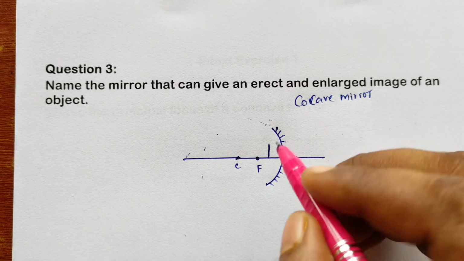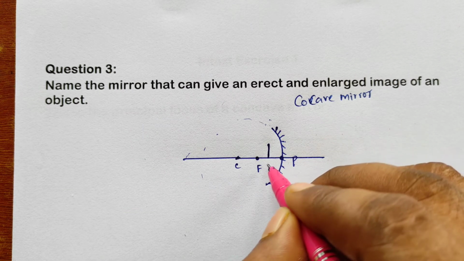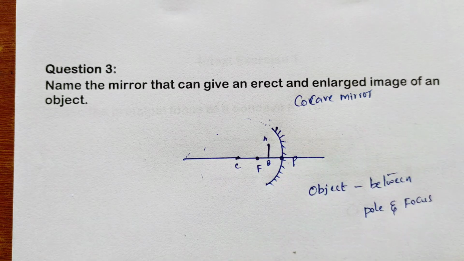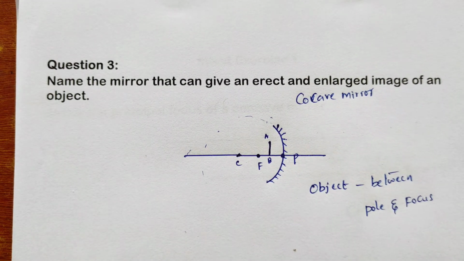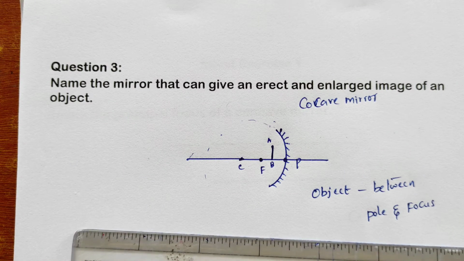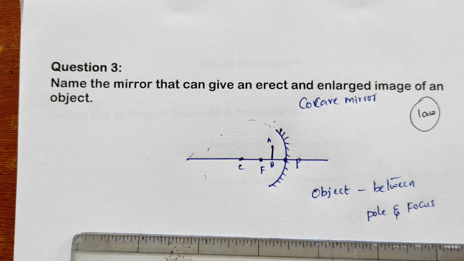This is the object. Let me take this as B and this as A, head to tail. Any ray which is parallel to the principal axis, after reflection, must pass through the focus. These are the laws. If you want to draw the ray diagram, we have three laws.